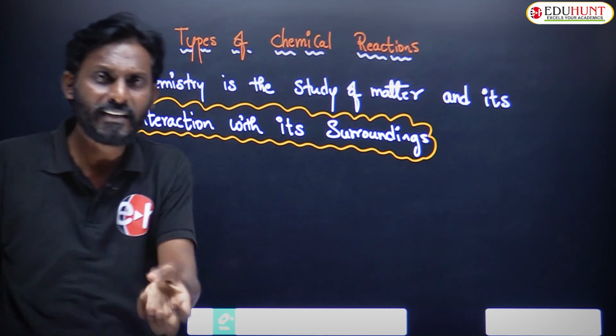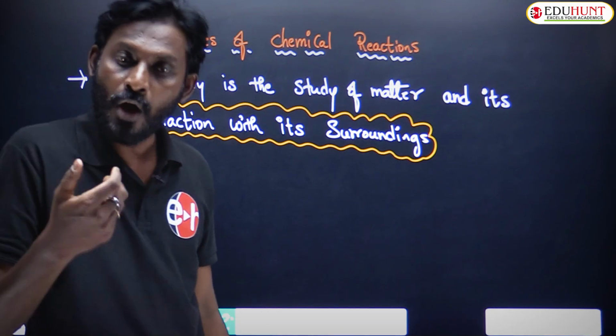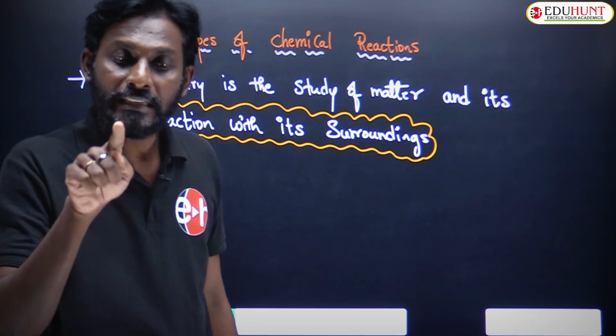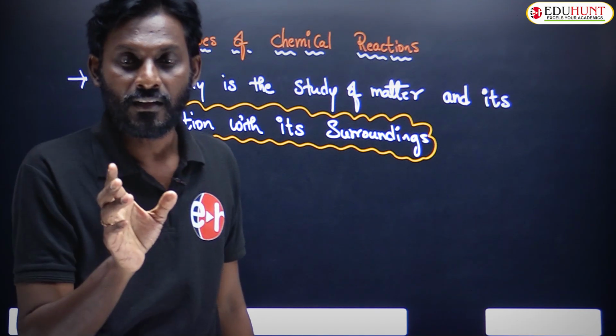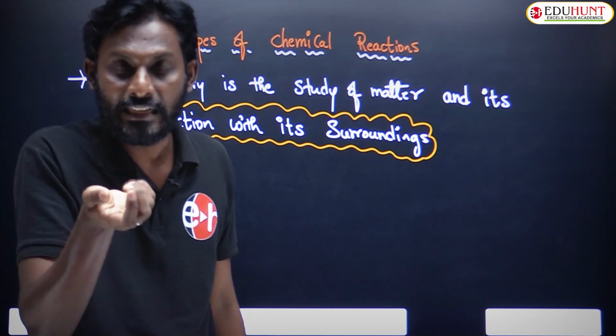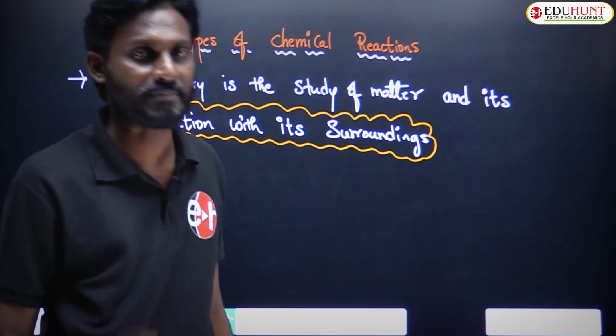A chemical reaction is nothing but how matter is interacting with its surrounding matter. But the particular matter we are dealing with can be a molecule or ion or atom, anything.